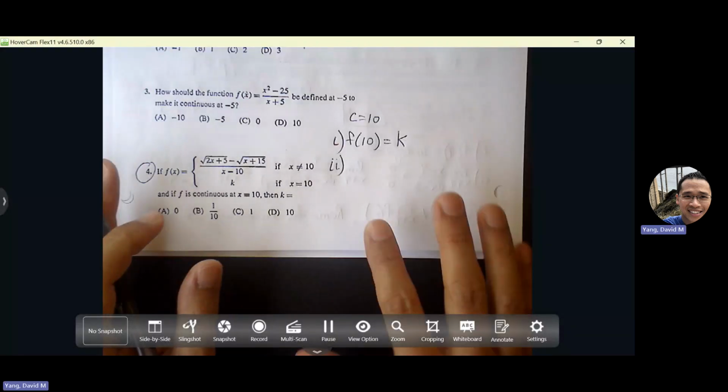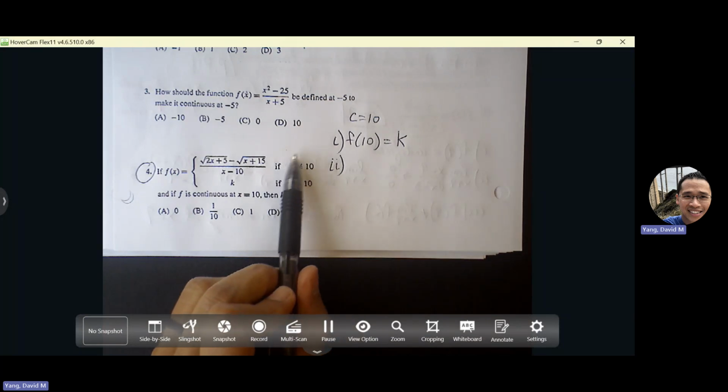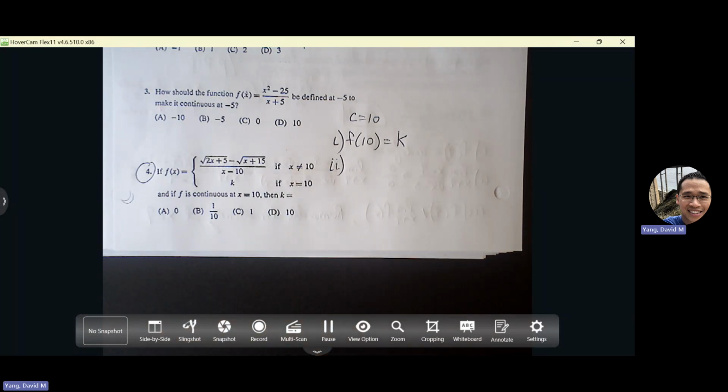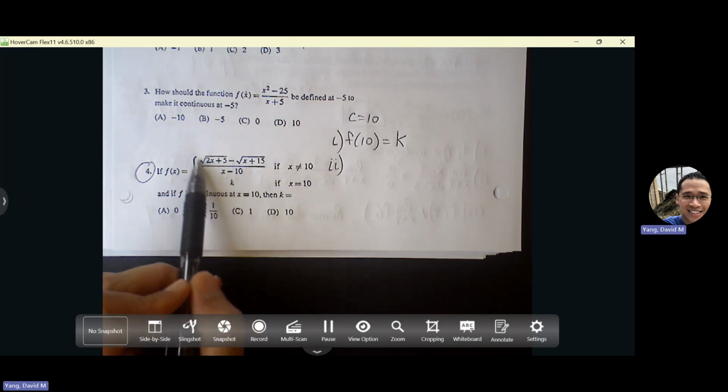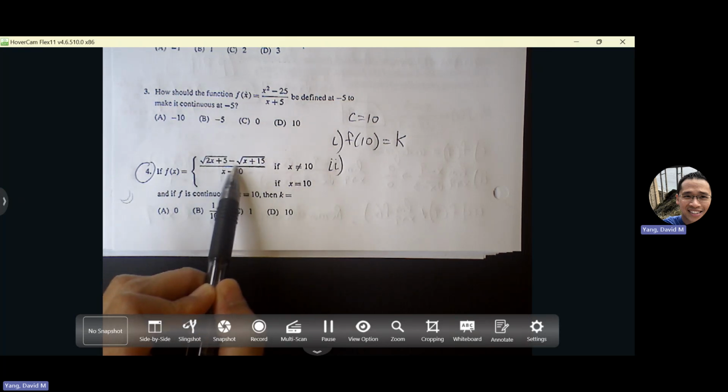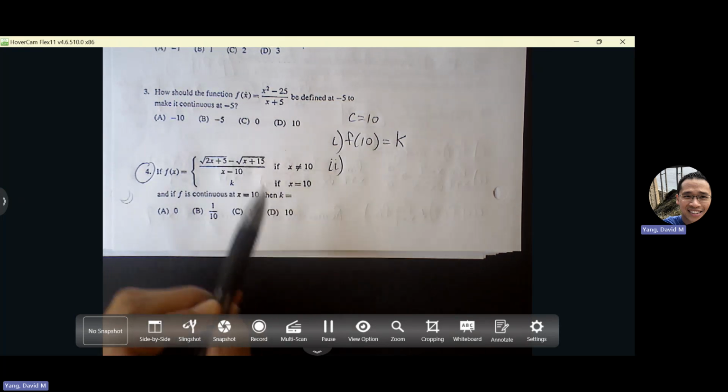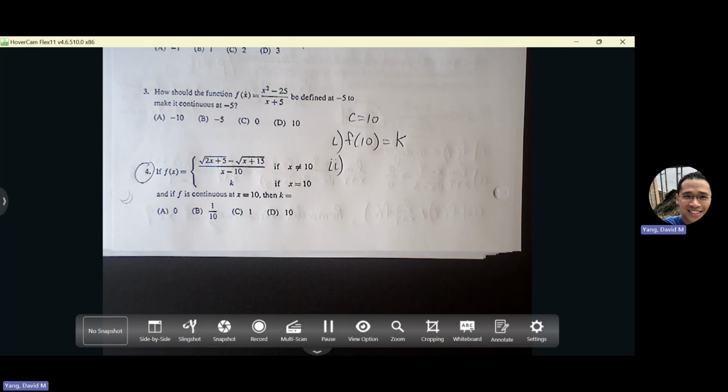Does the limit exist? I talked about how we would have to do a one-sided limit if we see less than or greater than. But here, if it says x doesn't equal 10, that means everywhere except 10. To the left of 10 is looking at the first graph, and to the right of 10 is also looking at the first graph. So there's no need to do a one-sided limit because it's the same function on both sides.